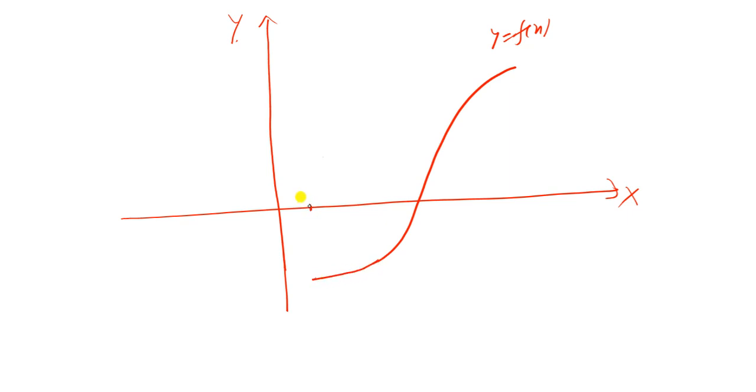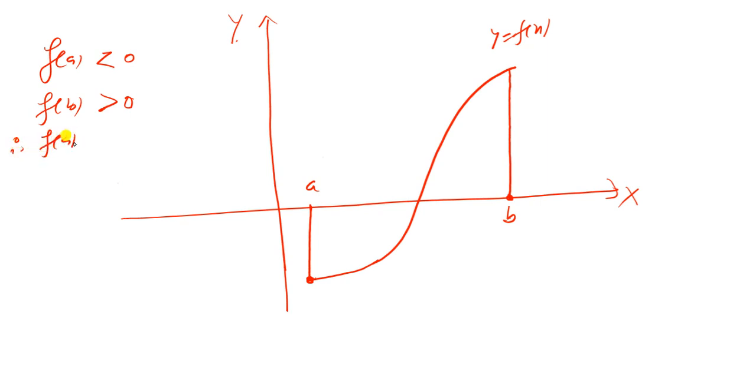Here this point is a, and f of a is negative. Now say this point is b and f of b is positive. Therefore f of a into f of b is less than 0, that is, the root lies between the interval [a, b].